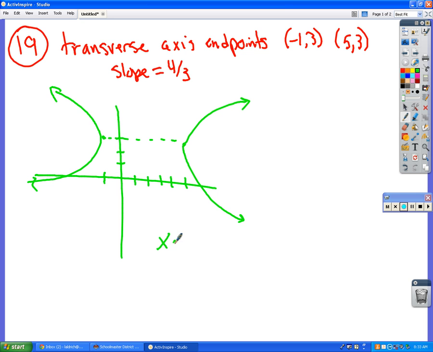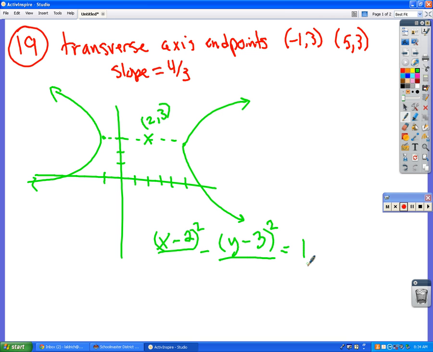What's the center? 2, 3. 2, 3 is the center because that's right in the middle of the transverse axis endpoints. So it's going to be x minus 2 squared first, and then y minus 3 squared, and that equals 1.